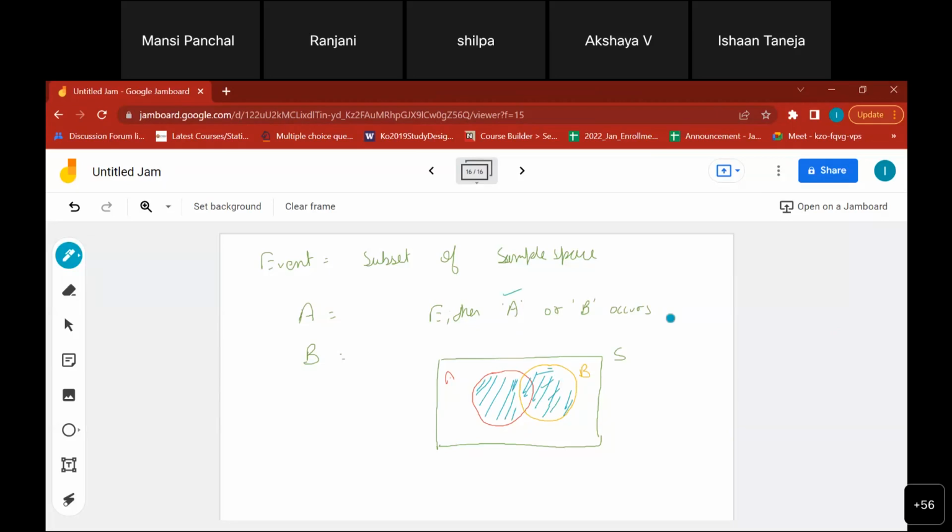If A occurs, then it will be my favorable case. If B occurs, then also it will be a favorable case. If both occur, then also this condition would be satisfied. So I need to take into consideration all the outcomes which are in A and also in B. These will be my favorable outcomes, which will be nothing but A union B. All the outcomes in A and B, right?